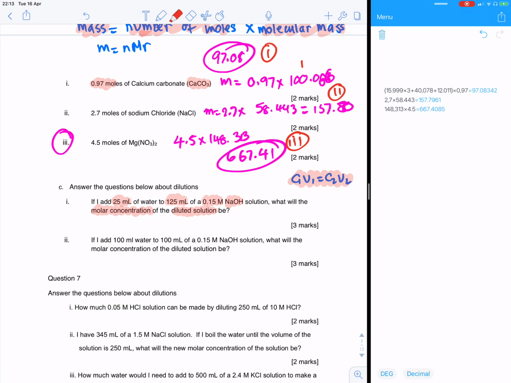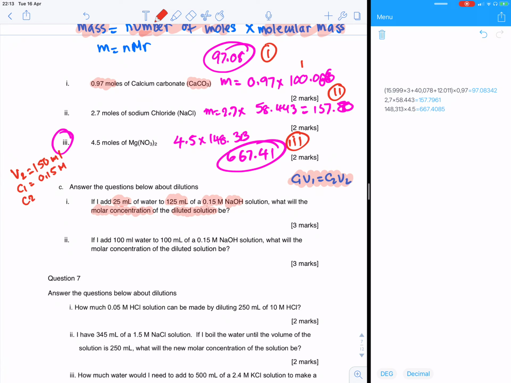So if you're adding 25 mils to 125, it means V2 is 125 plus 25, which is 150 milliliters. And C1 is going to be 0.15, and you're looking for C2.